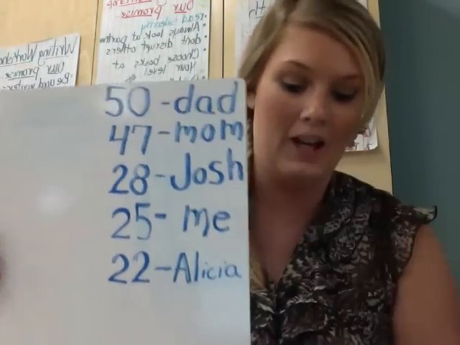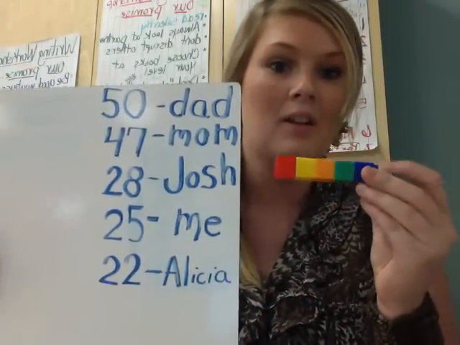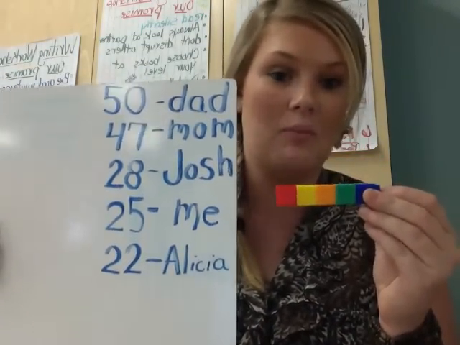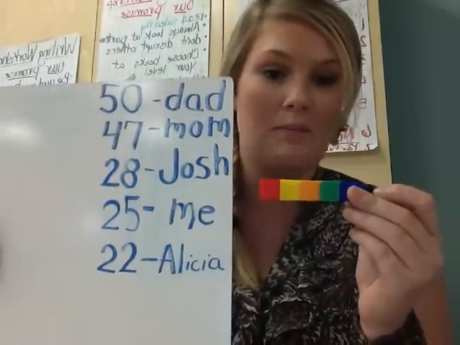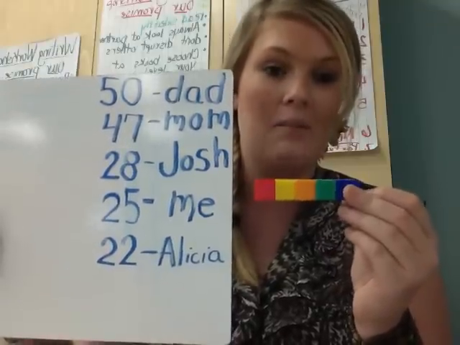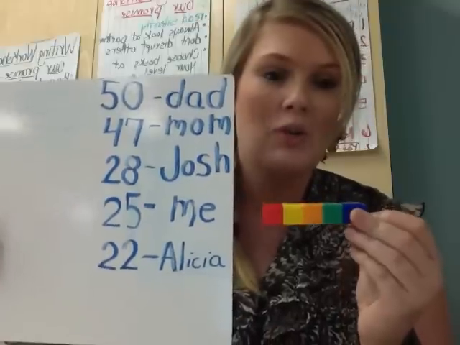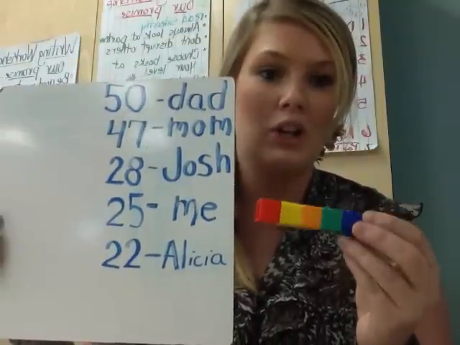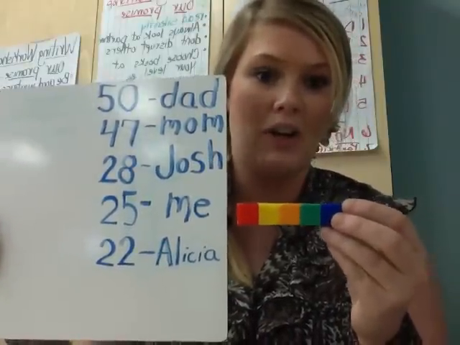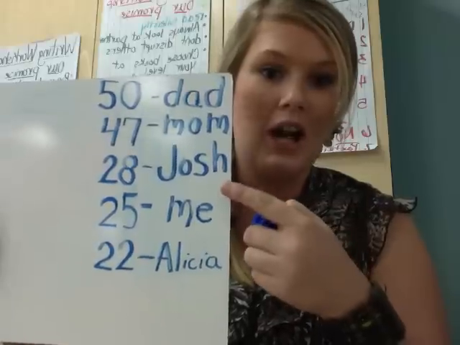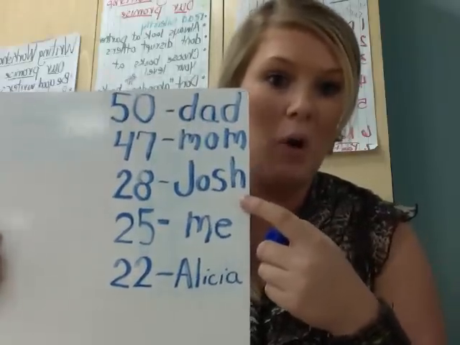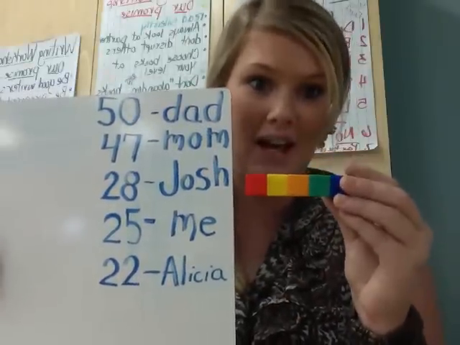We have my dad, who was red, my mother, which is yellow, my brother, which is orange, myself, yellow, and my sister Alicia, blue. So if I wanted to find this average, we can look and we can see that my brother, which is orange, is Joshua. So the median would be 28 for this data set.